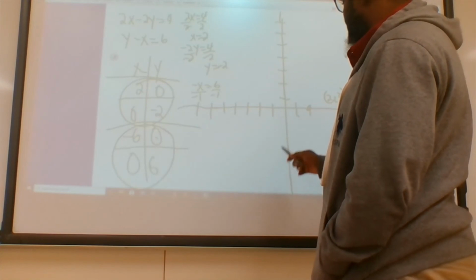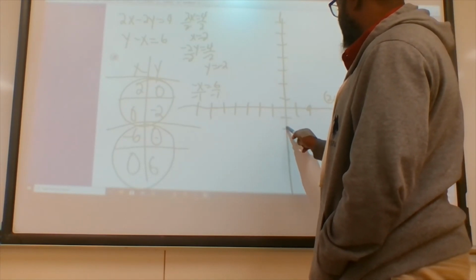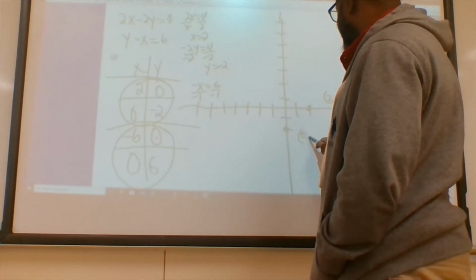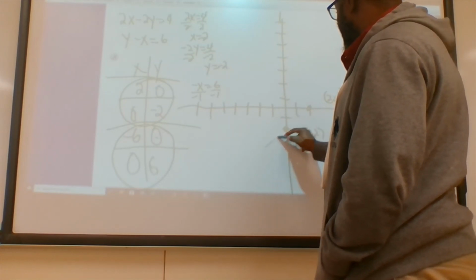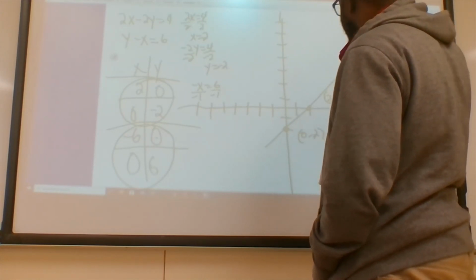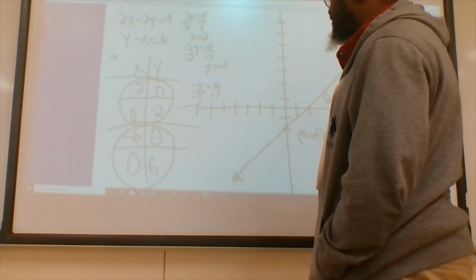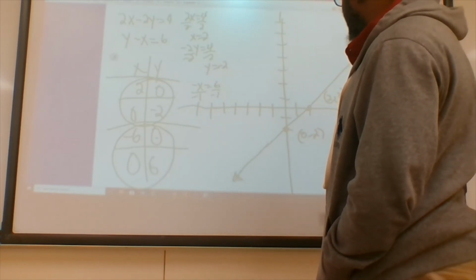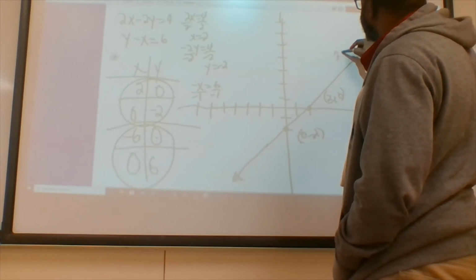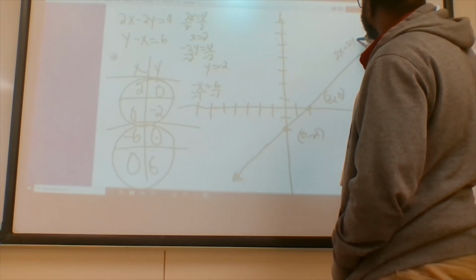And the other one is 0, negative 2, go 2 units down, that would be 0, negative 2. Then you connect this line. This is your line for the equation 2x minus 2y is equal to 4.